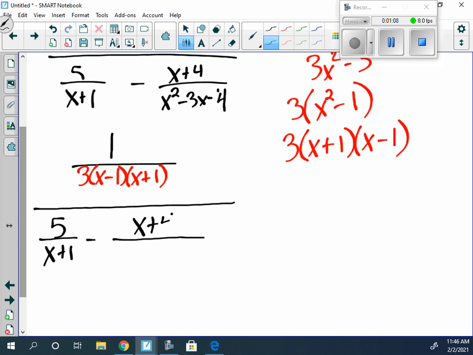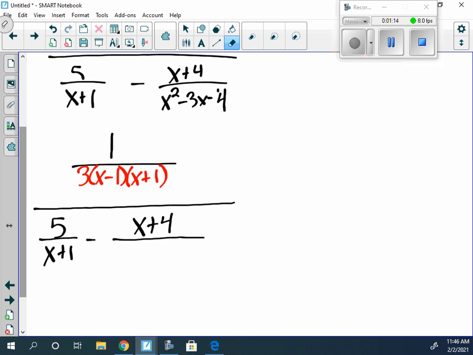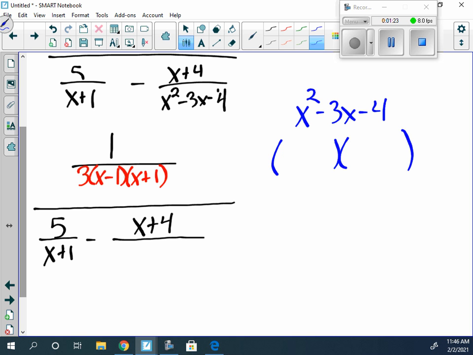X plus 4 on top stays the same, but we do need to factor, there's this here, the x squared minus 3x minus 4. And when we factor this here, the negative 4 would give us opposite signs, x and x, and the factors of 4 that we want are going to be 1 and 4.